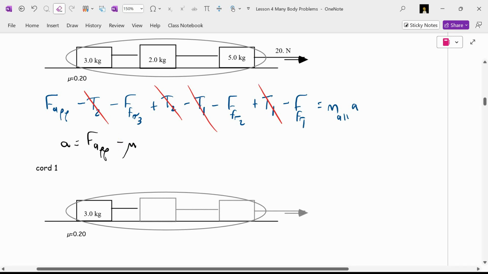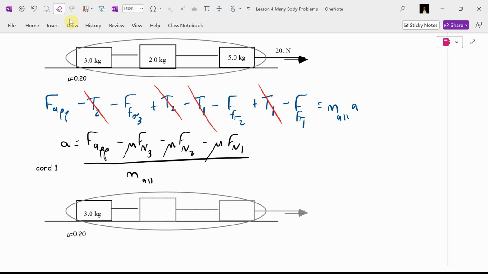So it's going to be mu normal force 3, and then minus mu normal force 2, and then minus mu normal force 1, all over M all, M1 plus M2 plus M3.